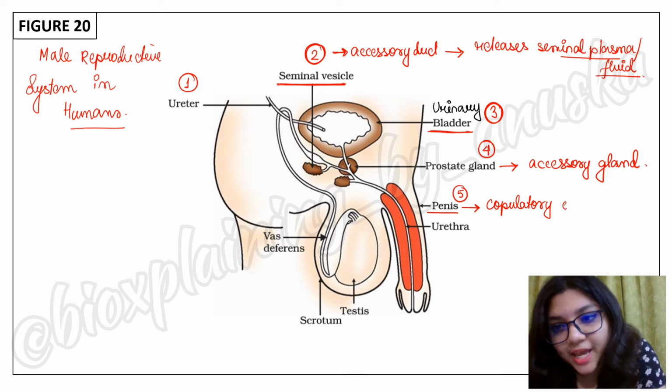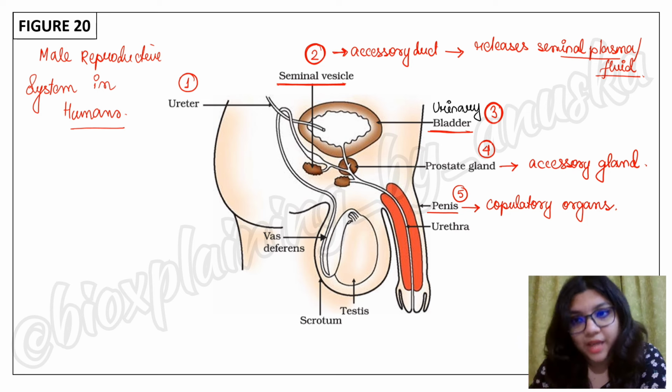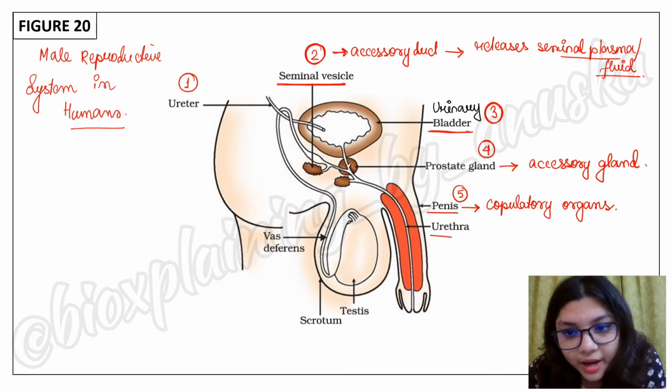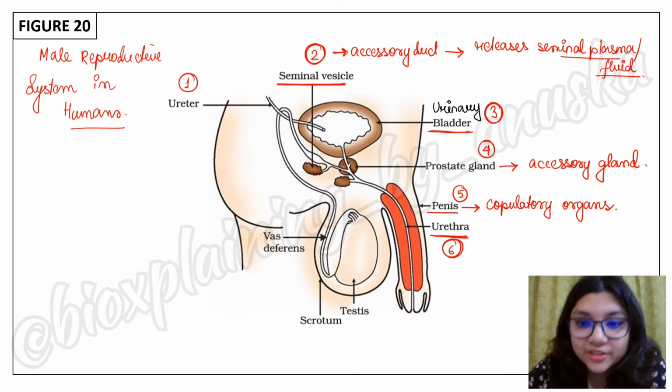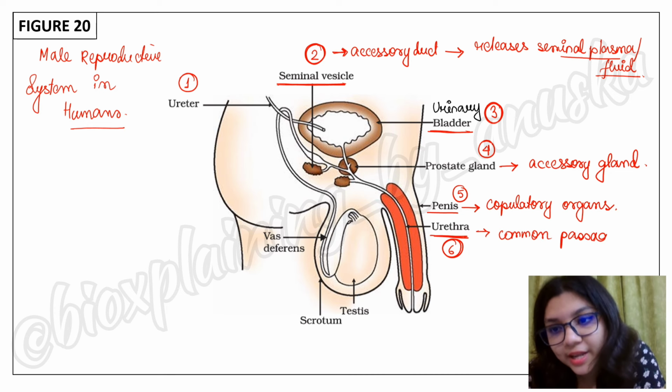It helps in insemination, the release of the seminal fluid, the semen, that is sperms and seminal fluid together, into the female tract. Part number 6 is the urethra. This urethra is a common passage for urine as well as semen.